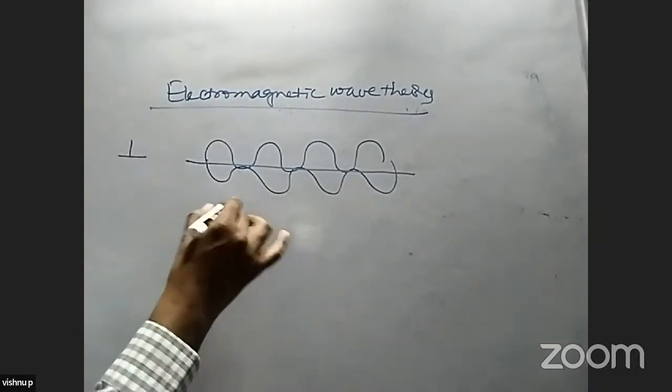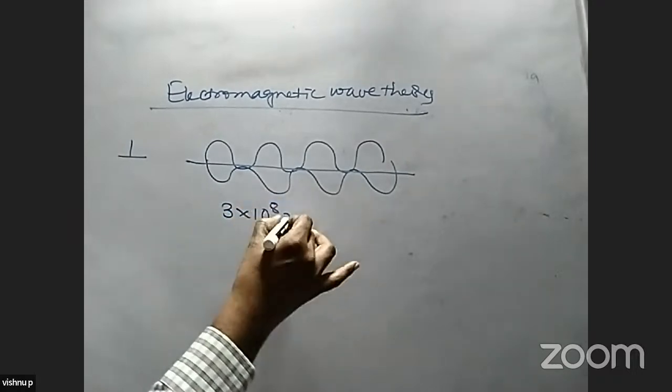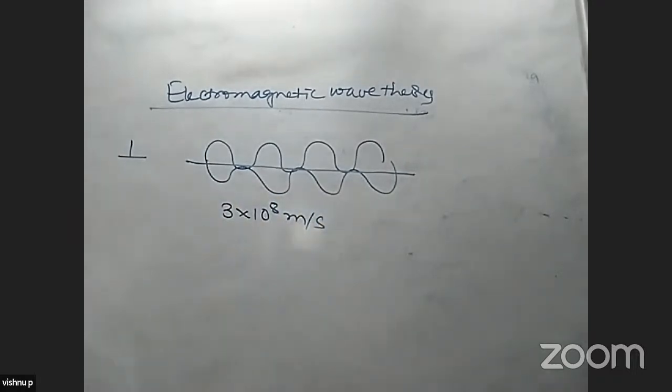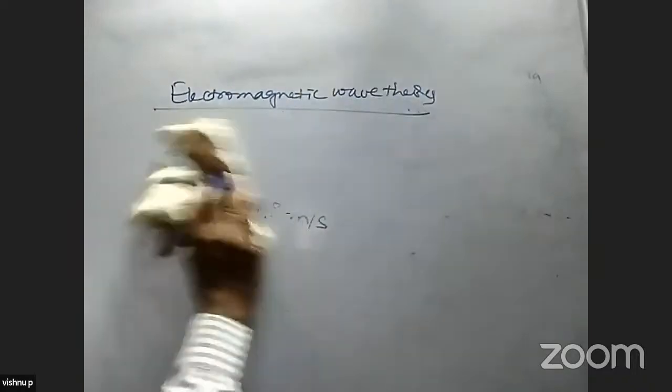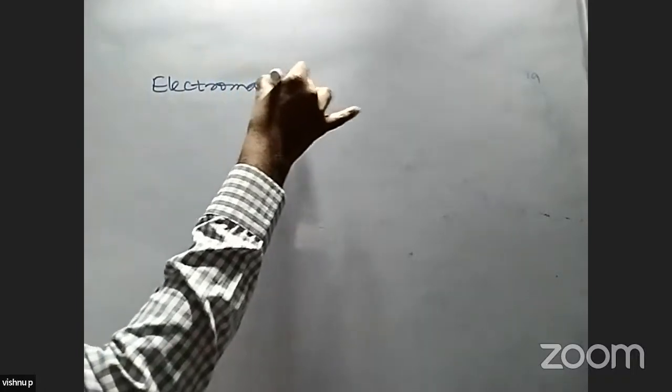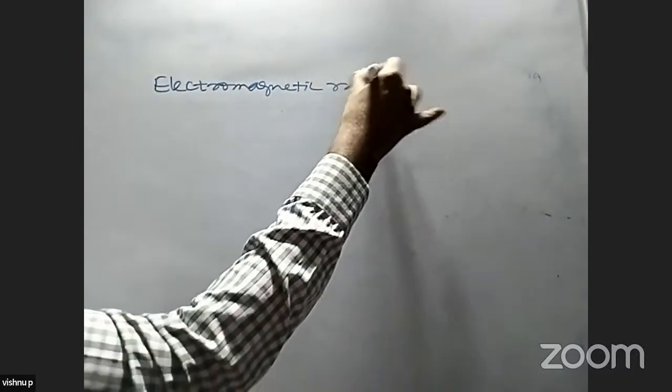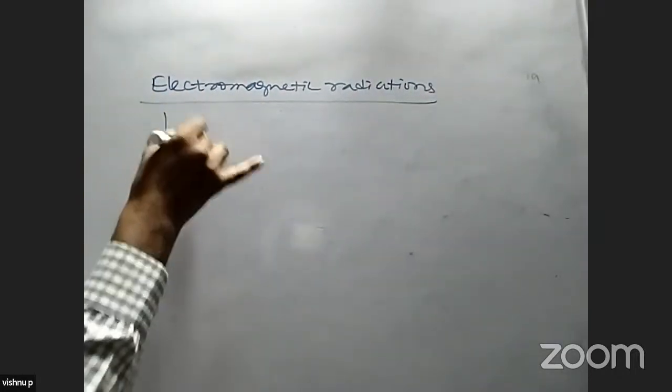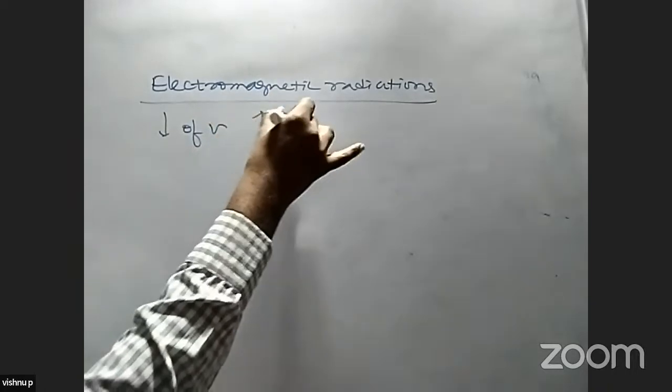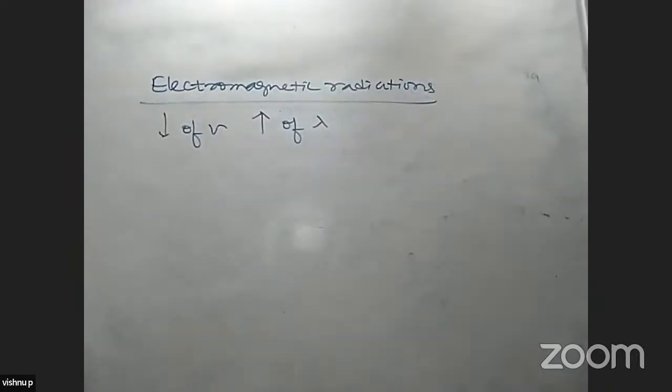In a vacuum, the velocity of all electromagnetic radiations is the same, that is 3 into 10 to the power of 8 meters per second. Radiations arranged by decreasing frequency or increasing wavelength form the electromagnetic spectrum.